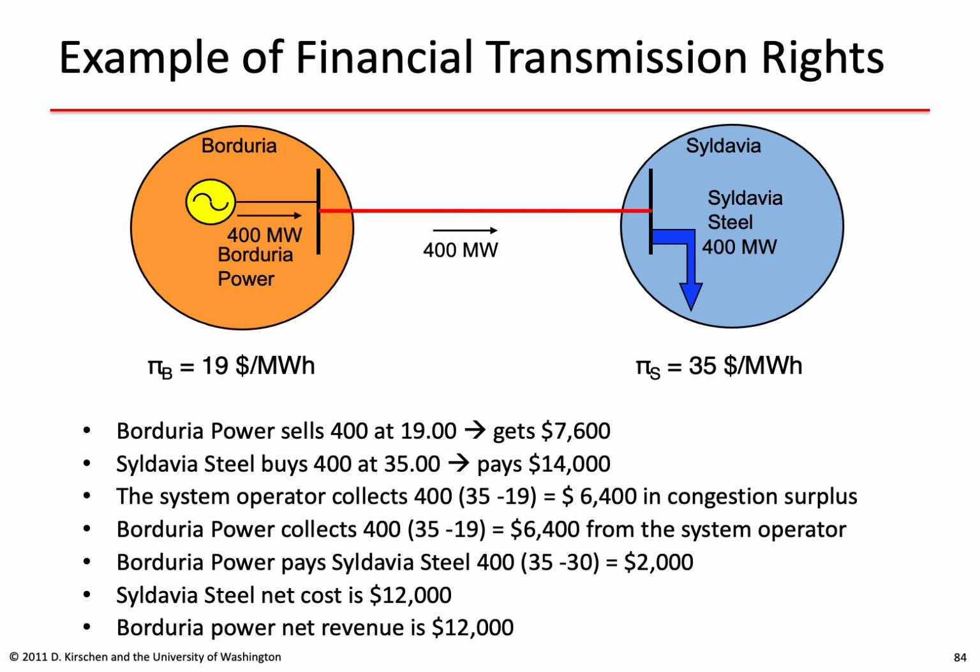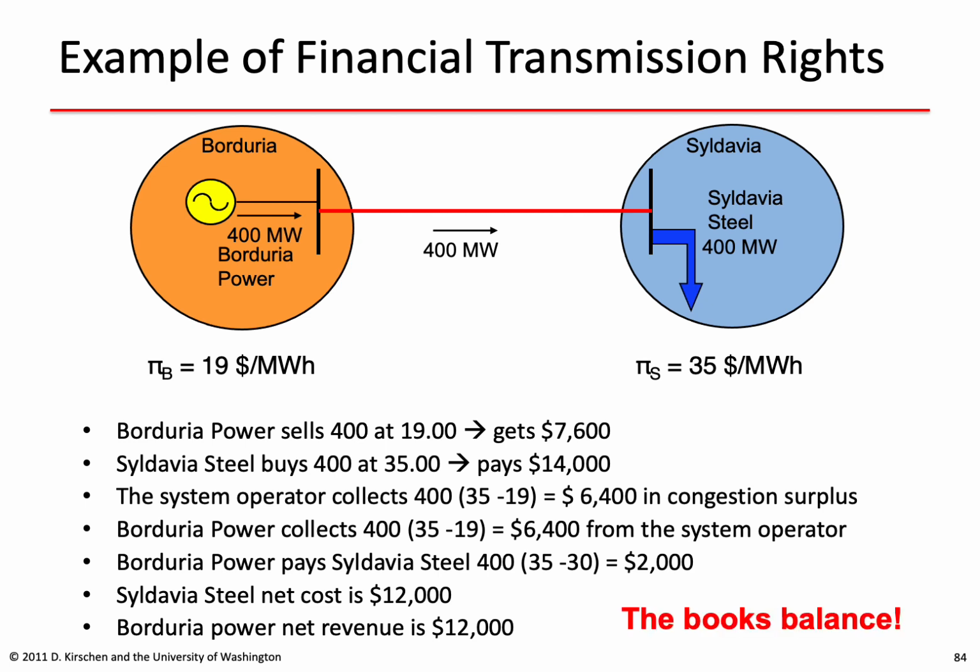And Borduria Power's net revenue is going to be $12,000. That's $7,600 from the centralized market at Borduria price, plus $6,400 from the financial transmission right, minus $2,000 that it paid to Syldavia Steel to settle the contract for difference.